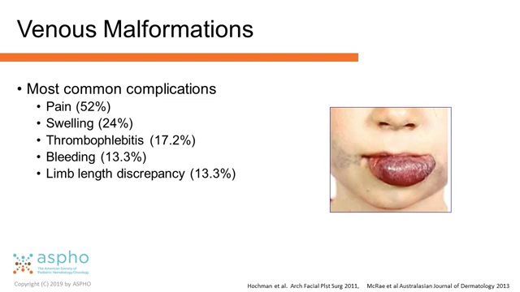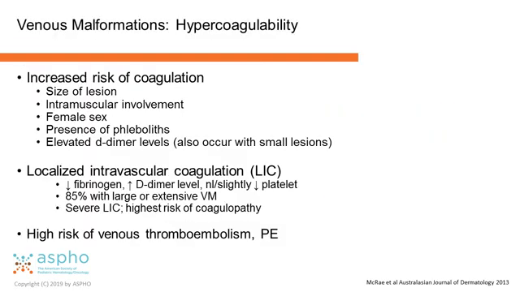In a retrospective review of 128 patients with venous malformations, nearly 70% had complications causing morbidity, including pain, swelling, thrombophlebitis, bleeding, and limb length discrepancies. Hypercoagulability is associated with increased lesional size, intramuscular involvement, and female sex. Presence of phlebolysis and elevated D-dimer levels strongly suggest ongoing coagulation, at least within the lesion.